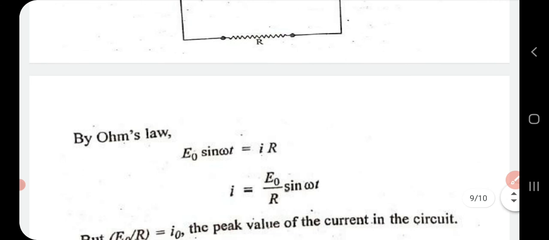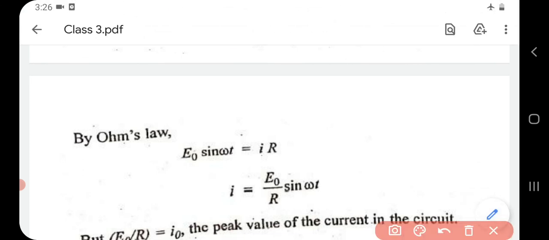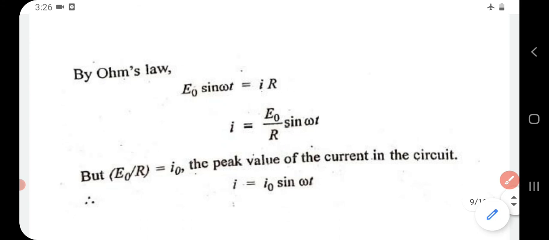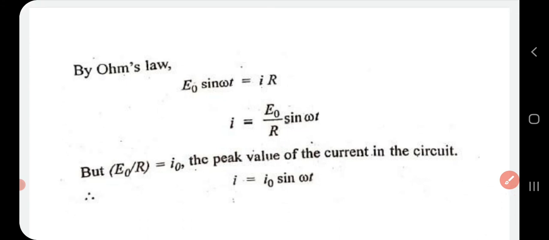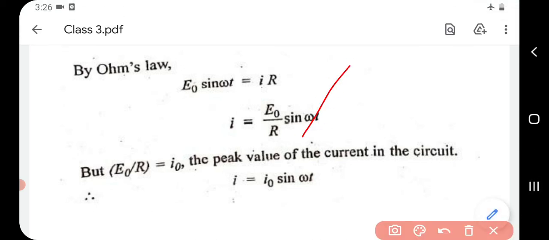So E0 sin omega t equals the current in the circuit times the resistance R. From this, I equals E0 by R sin omega t. Now E0 by R is I0, the peak value of current, so the equation reduces to I equal to I0 sin omega t.